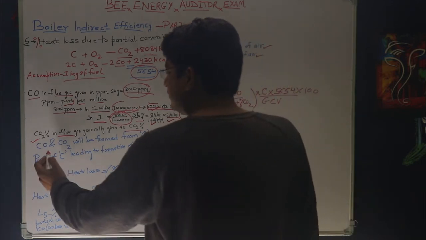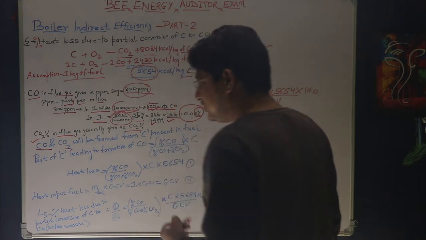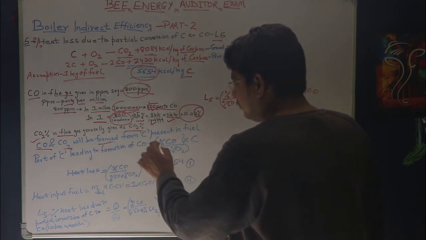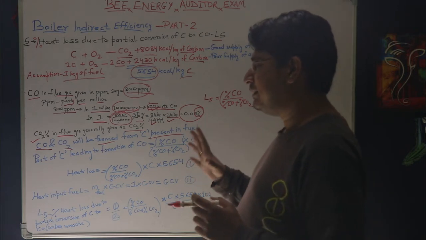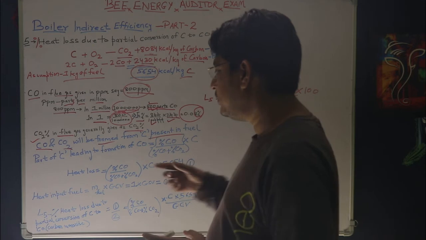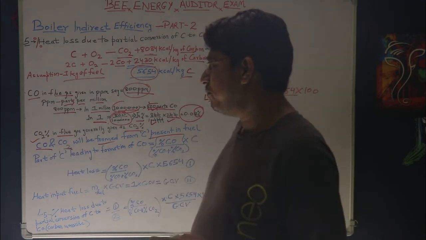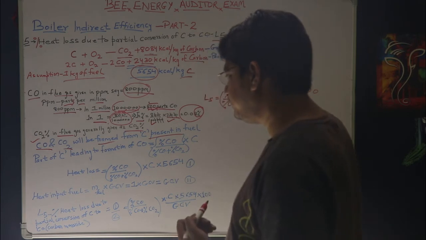Now remember, CO, that is carbon monoxide, and CO2, carbon dioxide, will be formed from the carbon present in the fuel. So generally it happens that if the supply of air is poor, both of these components will be present in the exhaust of the flue gas.